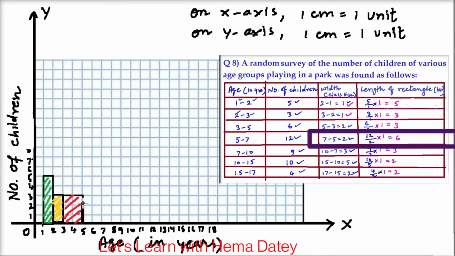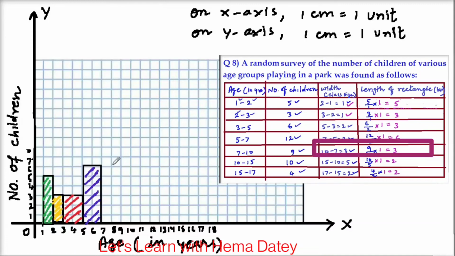For the fourth rectangle, the length is 6 and the width is 2. So this is the fourth rectangle. I am using purple color for this. For the fifth rectangle, the length is 3 and the width is also 3. We can call it a square.